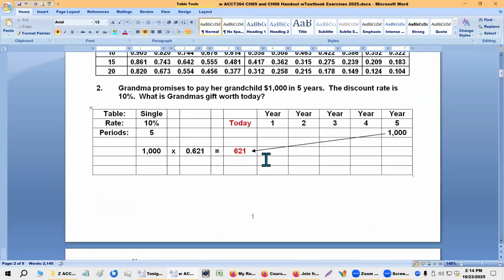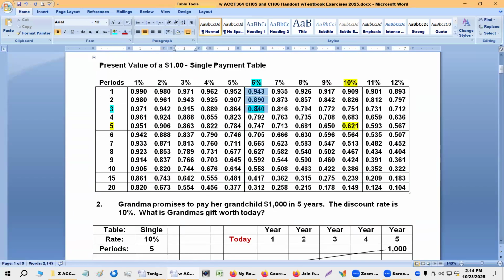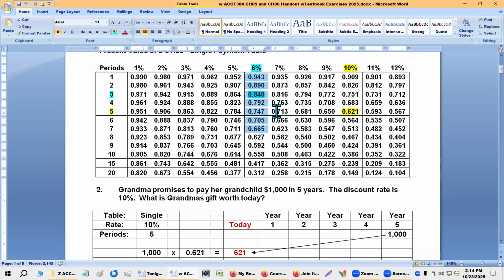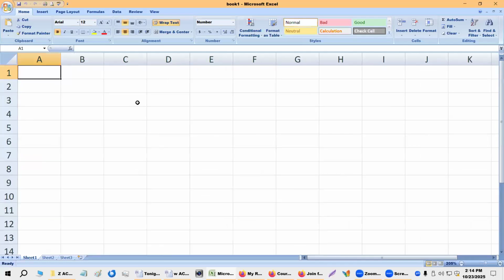If I go up here to 6%, I think it was 6%, if I take all of these, I'm going to plug them into a cell.